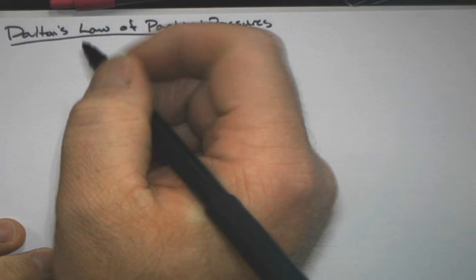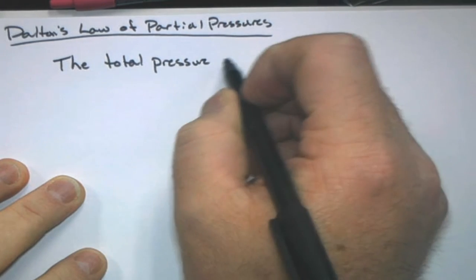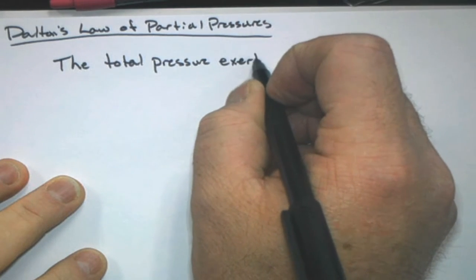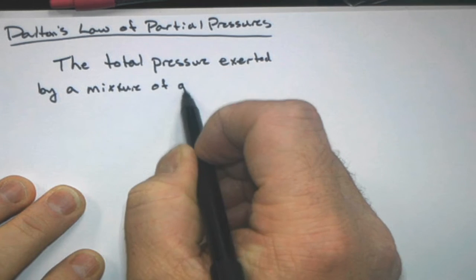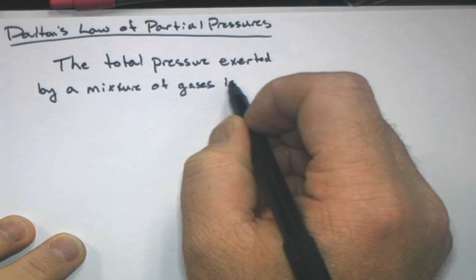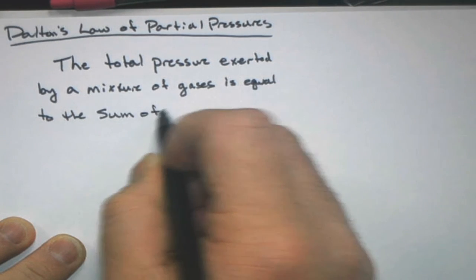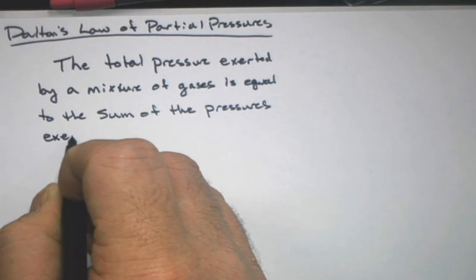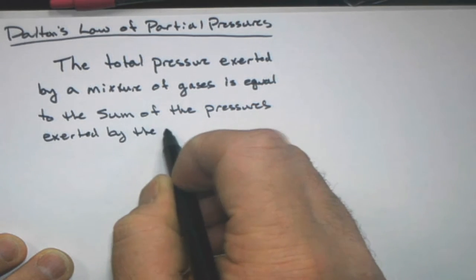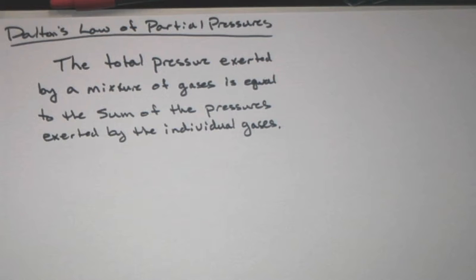So, partial pressure, Dalton's law says this, that the total pressure exerted by a mixture of gases is equal to the sum of the pressures exerted by the individual gases.